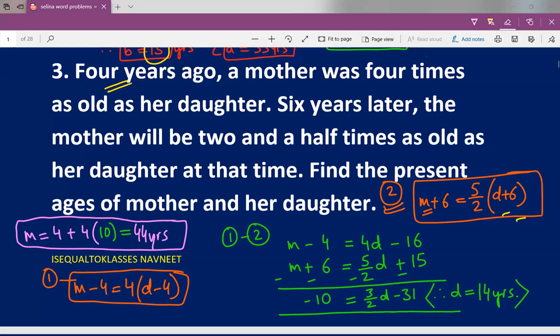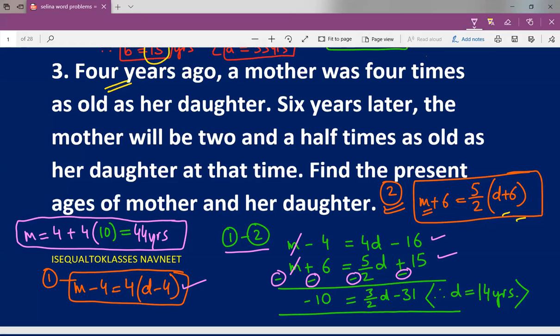I did 1 minus 2 as we had discussed. So M minus 4 is equal to 4D minus 16. I opened the bracket. Then M plus 6 is equal to 5 by 2 D plus 15. Then I changed the signs because I was subtracting 1 and 2. I changed the sign of the second equation. So this got cancelled.